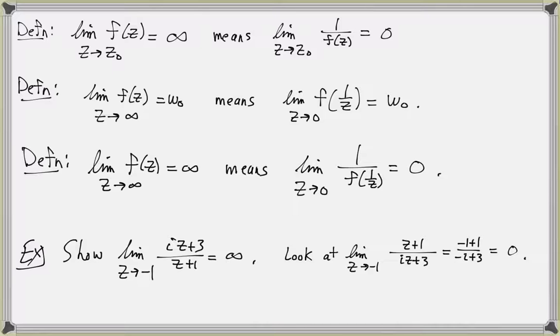This establishes the fact that the limit of (iz + 3) over (z + 1) equals infinity.